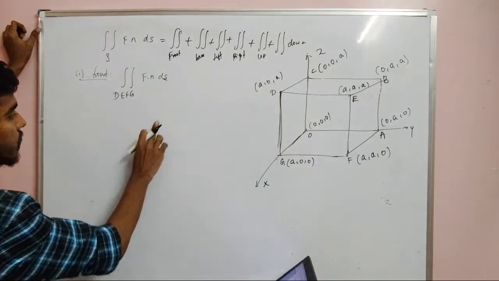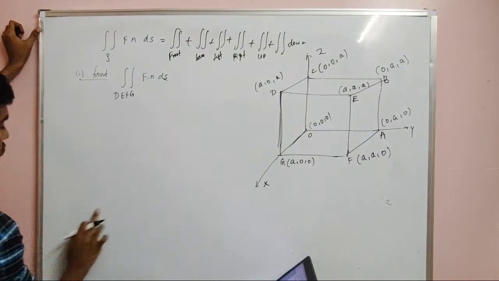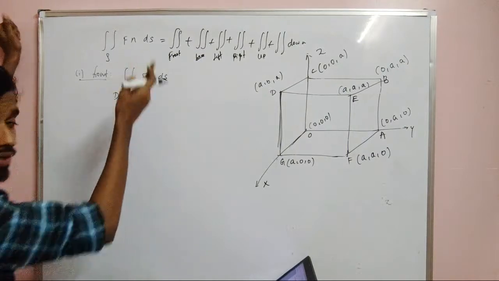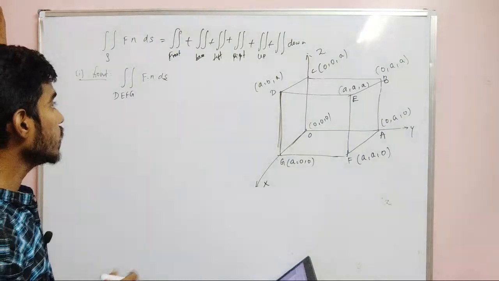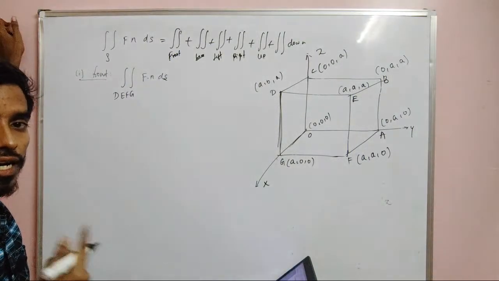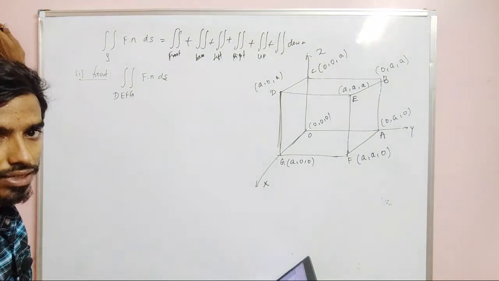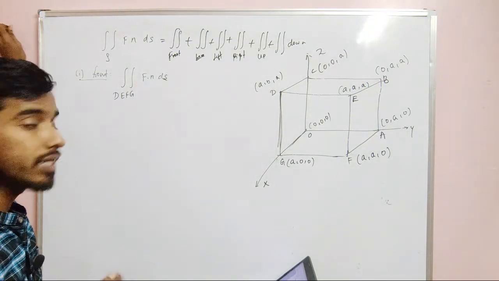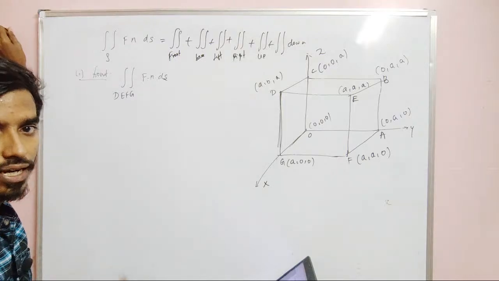And you can see they have given F in the question, right? So we need to find n and dS. In a surface integral, how will we find n? Gradient of the surface divided by modulus of gradient of the surface. And dS you can choose dx dy by n dot j or something.